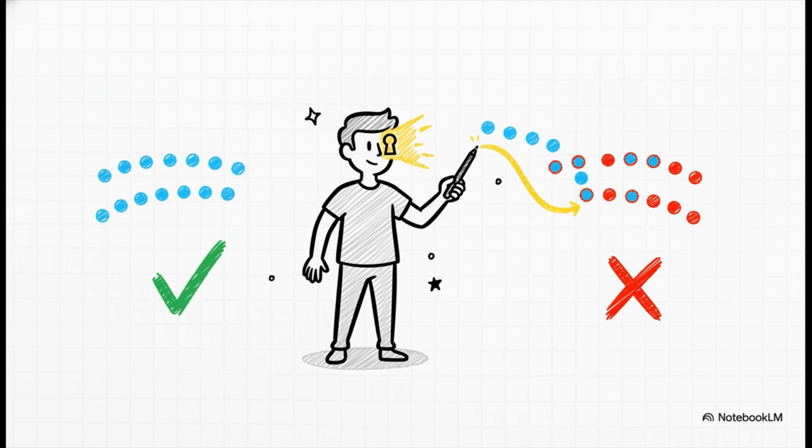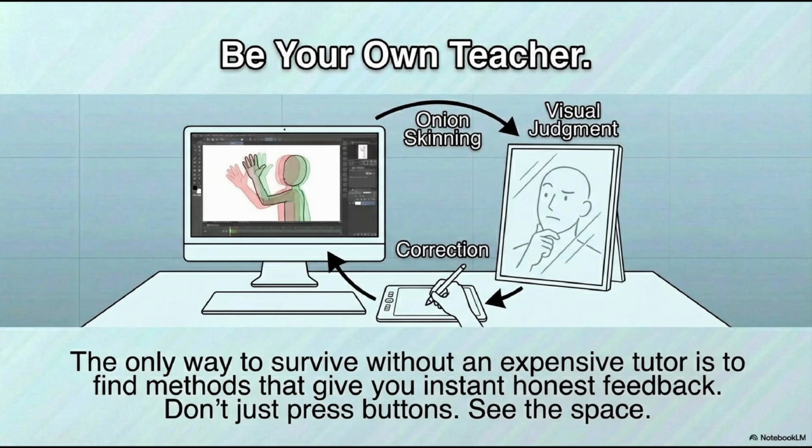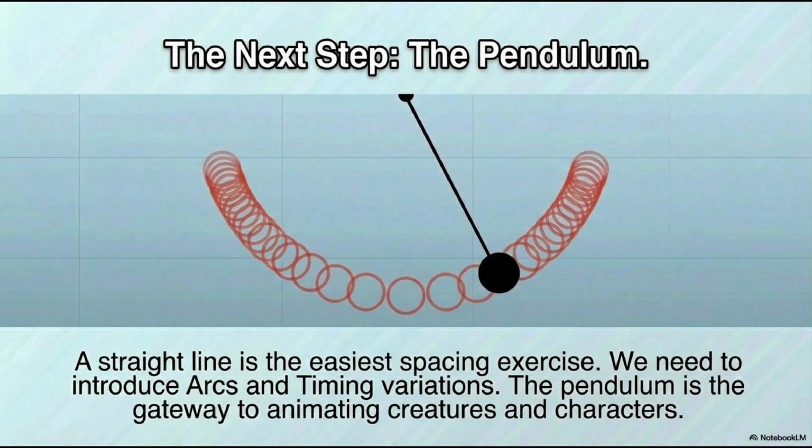But here's the thing, you now have the foundation. You can see spacing, you can control it, you understand the relationship between the graph editor and the actual motion. That foundation is everything. Your next target is the pendulum.